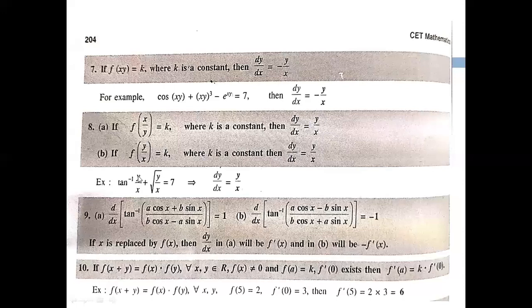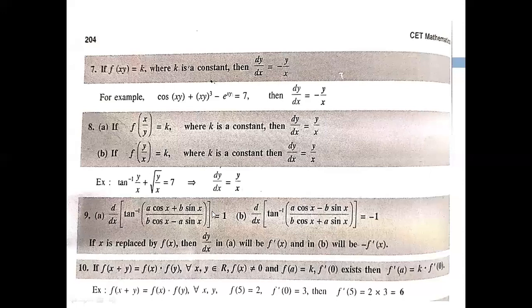For example, tan inverse of y by x plus square root of y by x is equal to 7, where 7 is constant, then the dy by dx for this type of function will be always y by x only, because the function is in terms of y by x, hence the result will be y by x.